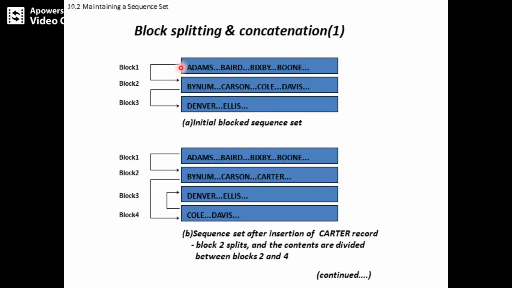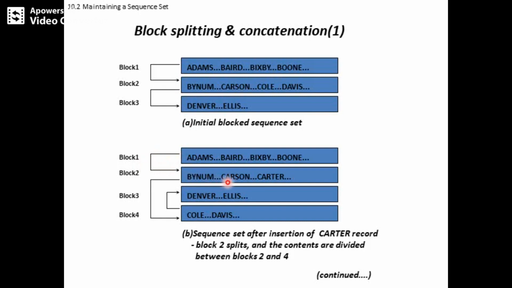How can we tell that it is in sequential order? Block 1 carries all these four records, and then it is connected to block 2 sequentially. Once again block 2 is connected to block 3 sequentially. In the same way here also we need to maintain the order.